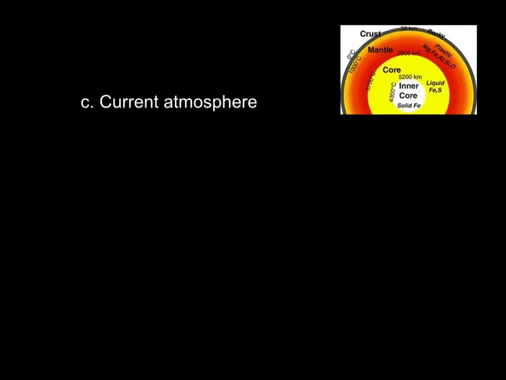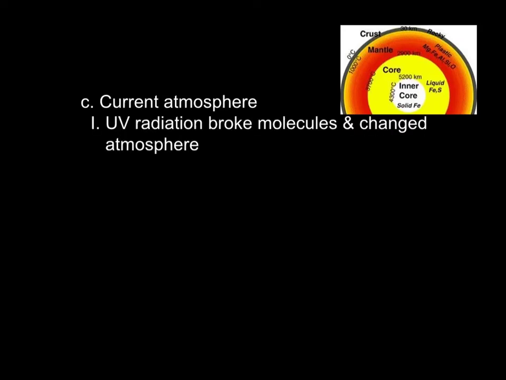The next transition is to what we currently call our atmosphere. UV radiation from the sun began to break down molecules and change and develop the atmosphere. Pieces of these broken molecules then began to fall into the ocean.